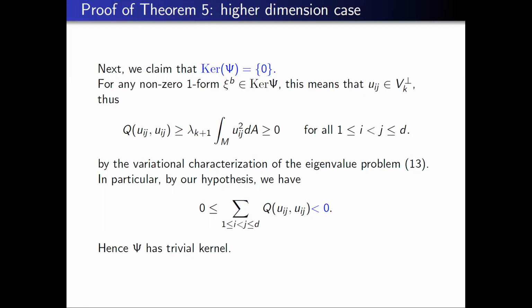And from our assumption, we have the right-hand side strict inequality, and this equality implies the left-hand side inequality. So we get a contradiction. That means the claim is true. So the proof of theorem 5 is finished.